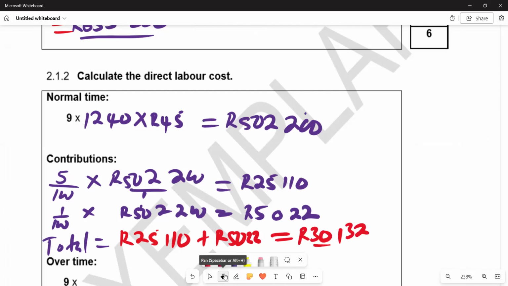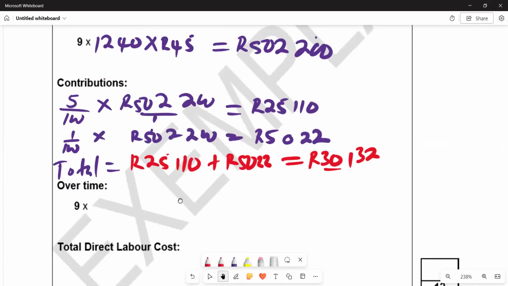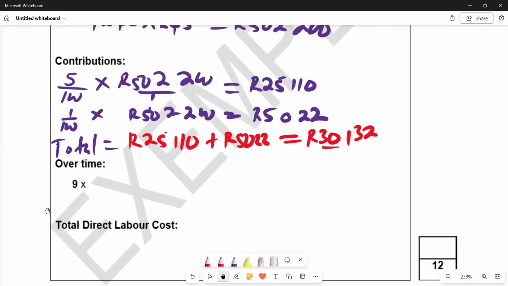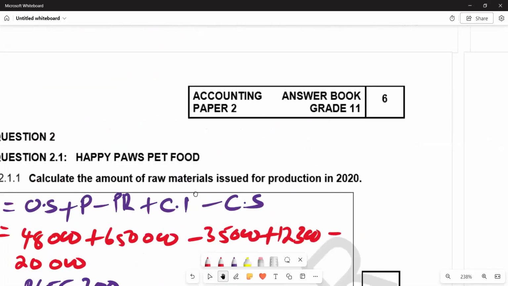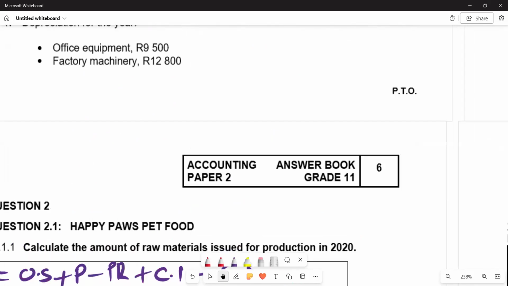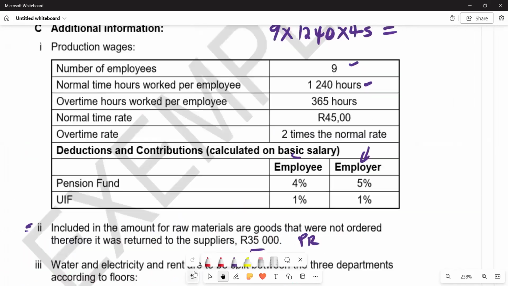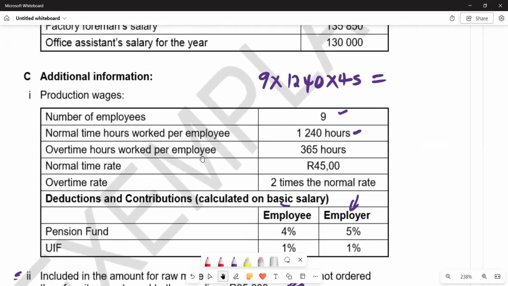Then we go to the next part, which is on overtime. Overtime, again, we know that we've got 9 workers. So this is the 9 that we have. We multiply by the other elements. Obviously, we are going to check the total number of hours that are there per employee, and then we multiply by 9. So overtime, overtime hours worked per employee is 365.